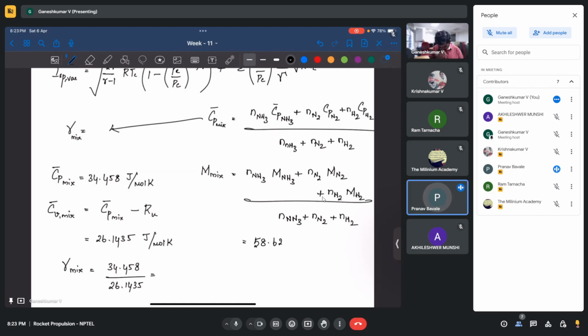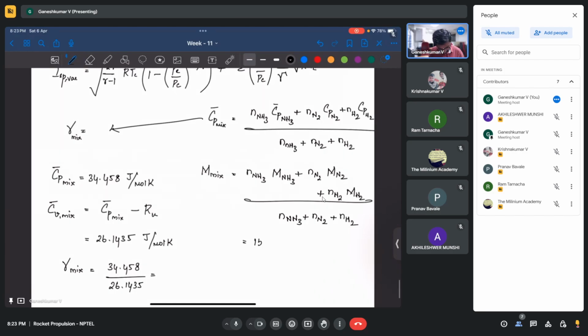The moles for nitrogen are 0.05, right? 0.1 by 2. Correct. And the moles for hydrogen are 0.15, 0.3 by 2. Correct. For NH3, it's 0.9. NH3 is 17, right? Okay, so it's between 17, 28 and 2, so I would expect somewhere in between.